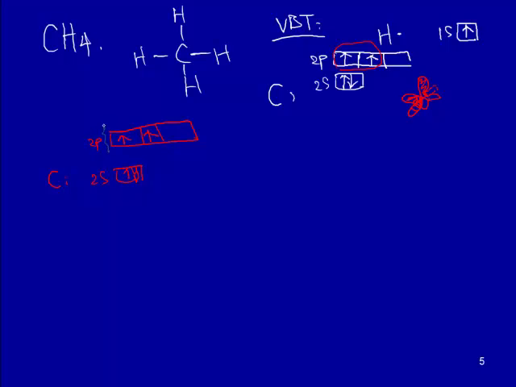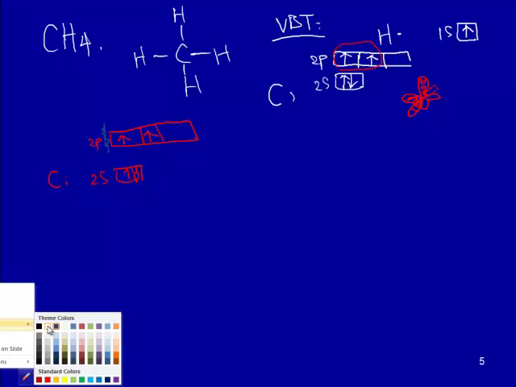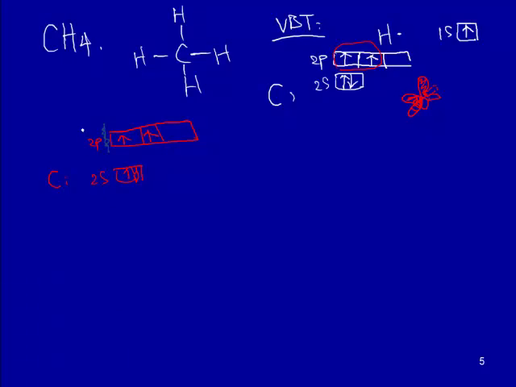So what nature does, it takes all the atomic orbitals, in this case the valence orbitals for carbon, and makes 4 equivalent hybridized orbitals.